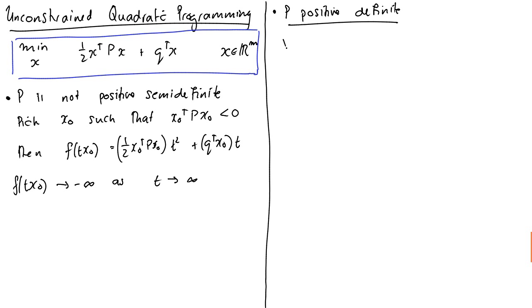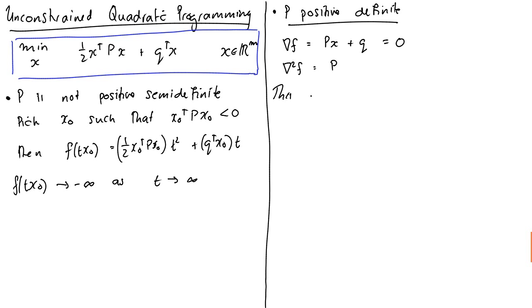Our optimality conditions are: the gradient of f is equal to Px plus q, and our Hessian is equal to P. For optimality, the gradient has to be equal to 0, and the Hessian has to be positive definite.